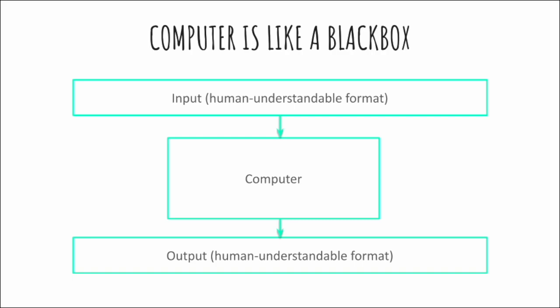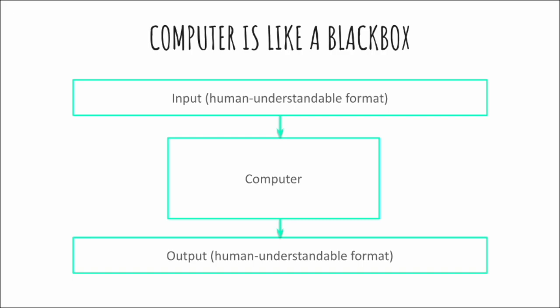Like when you open a website, the URL you type is an input. The web page you get is the output. But how is it using that URL? How is it accessing that web page? How is it displaying it to you? How is it breaking down the content into pixels and showing them on your screen?